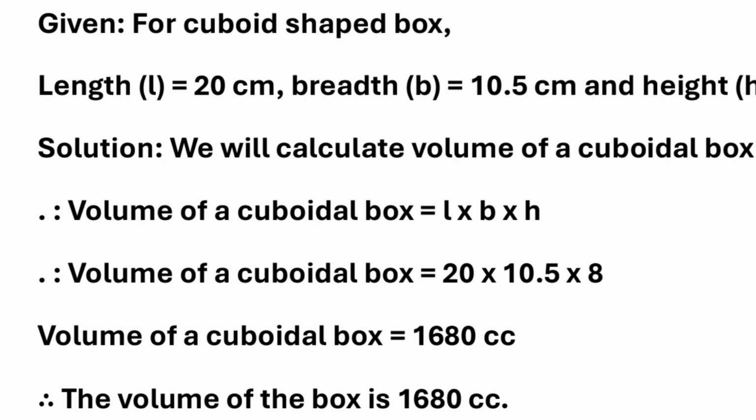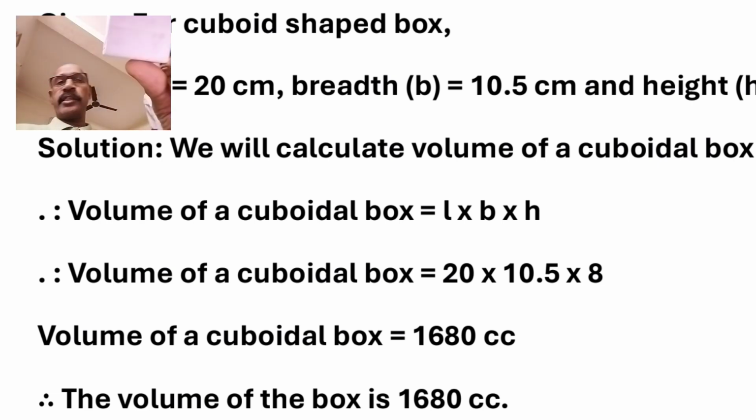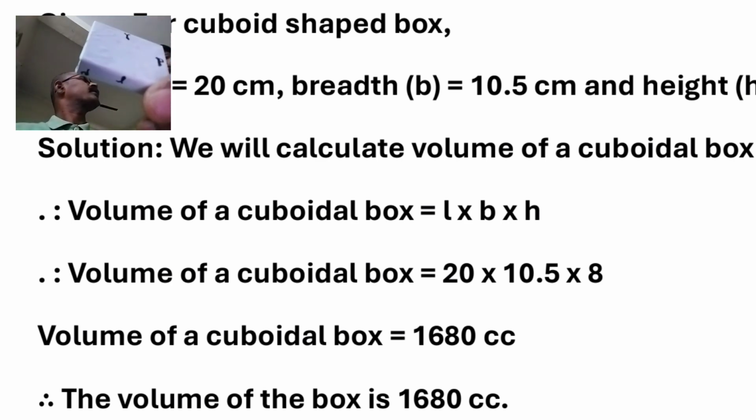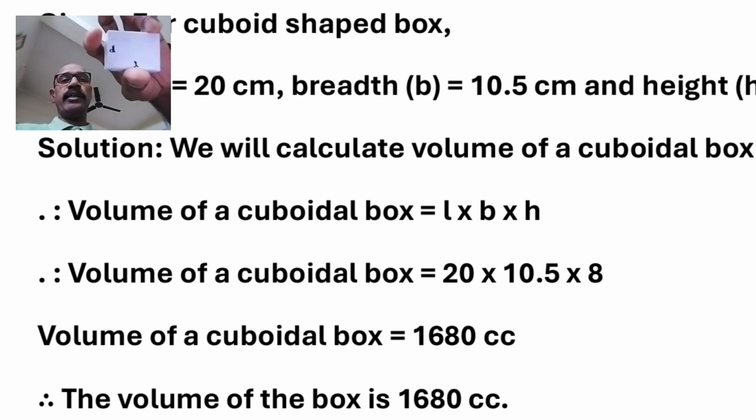Now look here, this is our cuboidal box. In this cuboidal box, this is the length here at the bottom, and this is the breadth, and at the back there is a length.